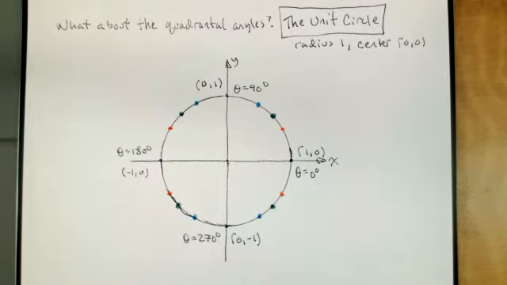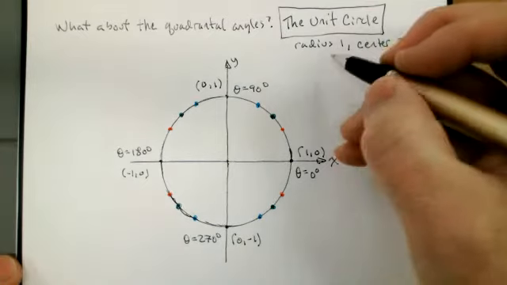The coordinates going around the circle will tell us the sine and the cosine of the angle theta. So we find out the angle that we're at, going around the circle. Lay the terminal side, see where it intersects the unit circle, and the coordinates of that intersection: the x coordinate will be the cosine of theta, and the y coordinate will be the sine of theta.